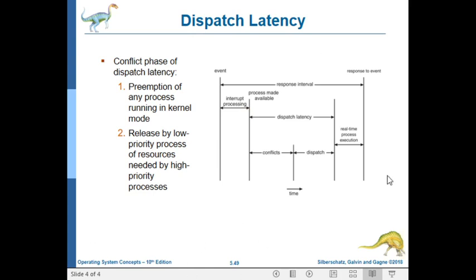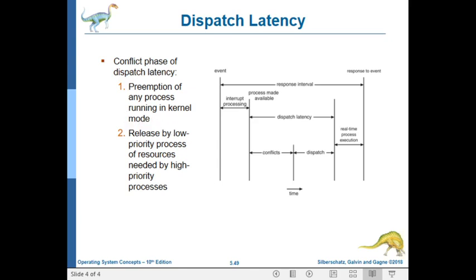The conflict phase of dispatch latency has two components. The first component is preemption of any process running in kernel mode.